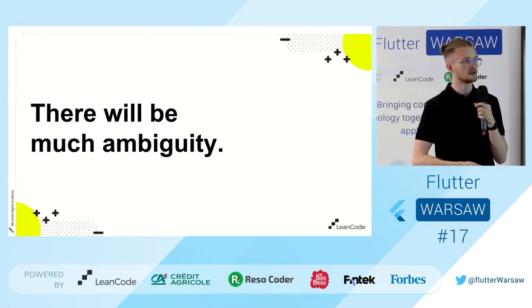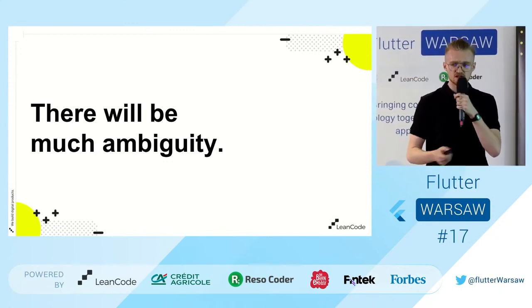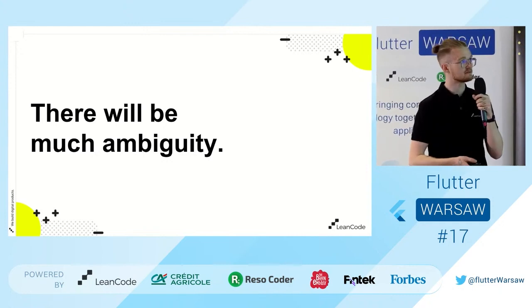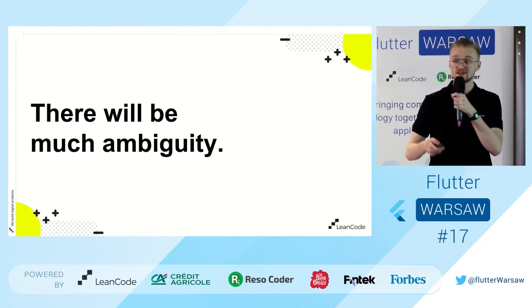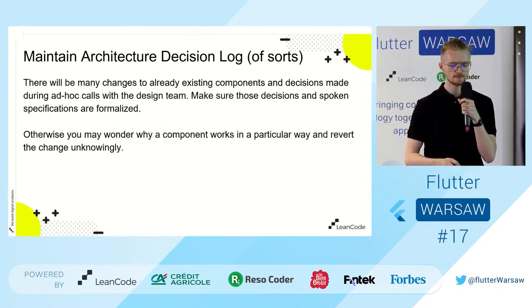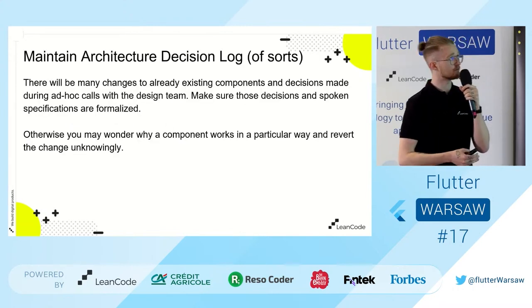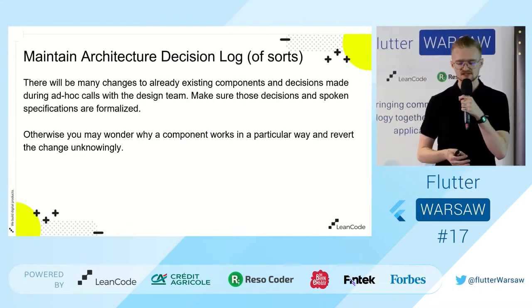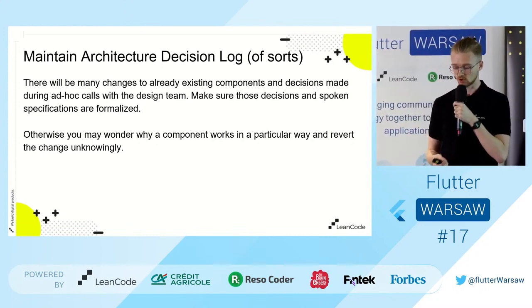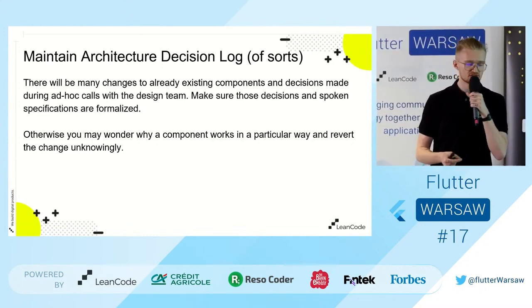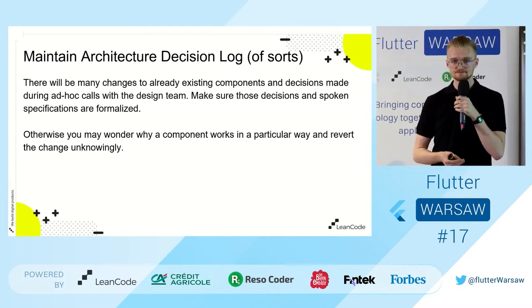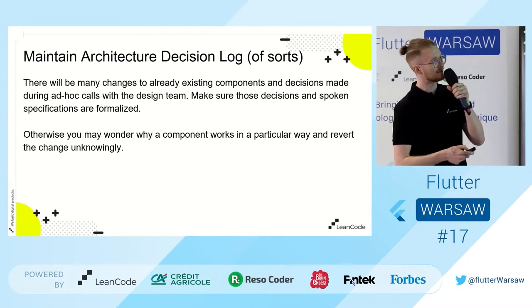That's basically wasting time on searching for the specs or fixing stuff when you have to touch it again. And that's why maintaining something like an architecture decision log is important. It doesn't have to be as nice as the name.